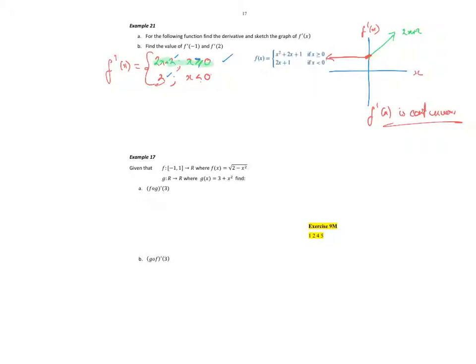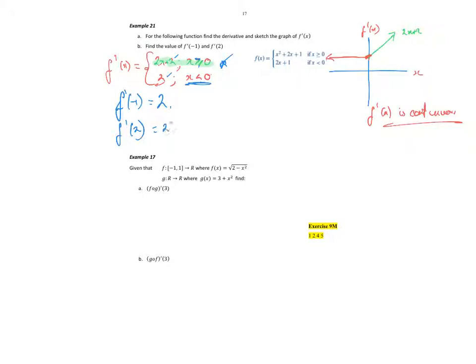Find the value of f dashed of -1. F dashed of -1 is equal to, well, which of these graphs? That one there is for f dashed of -1, so the gradient is equal to 2. But if I consider f dashed of 2, the top rule applies where x is greater than 0.